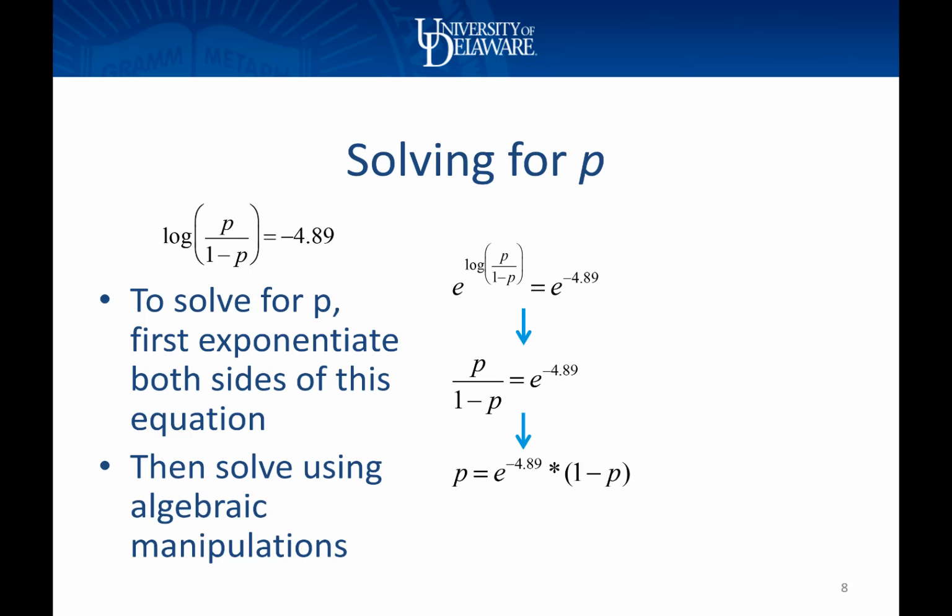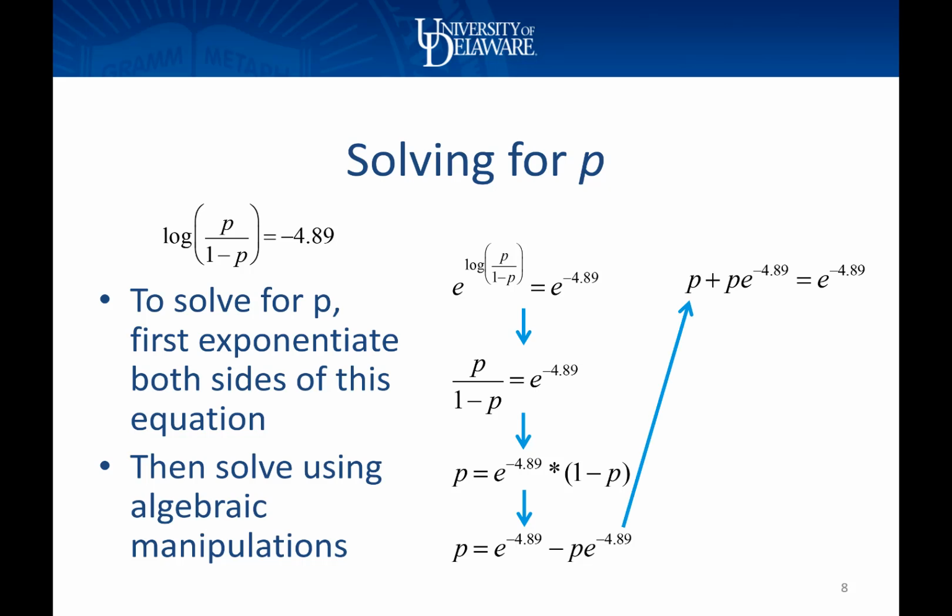We can multiply both sides by 1 minus p in order to get the 1 minus p out from underneath p on the left-hand side. So we have p equals e to the negative 4.89 times 1 minus p. We'll multiply that out using the distributive property, and we'll have p equals e to the negative 4.89 minus p times e to the negative 4.89 power.